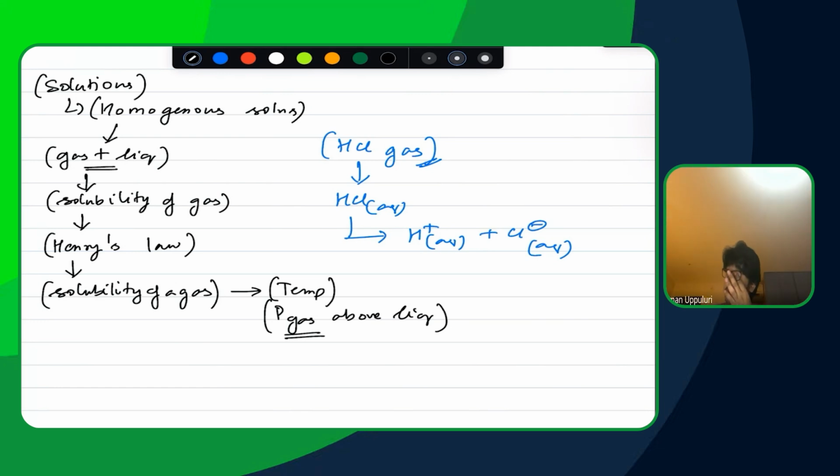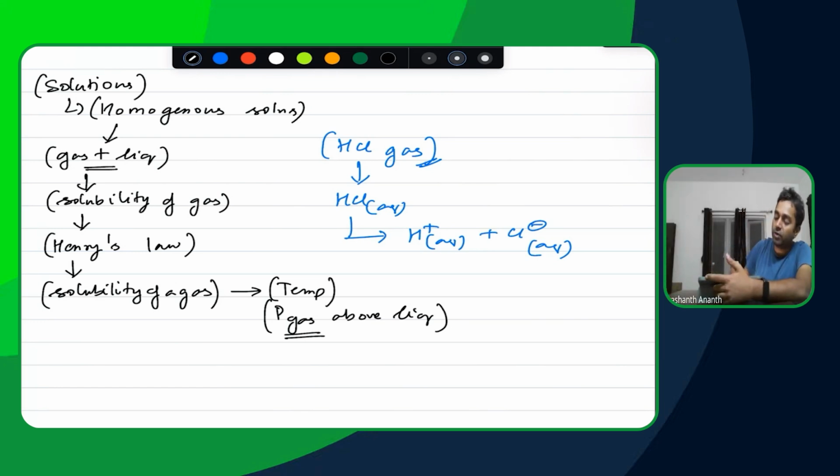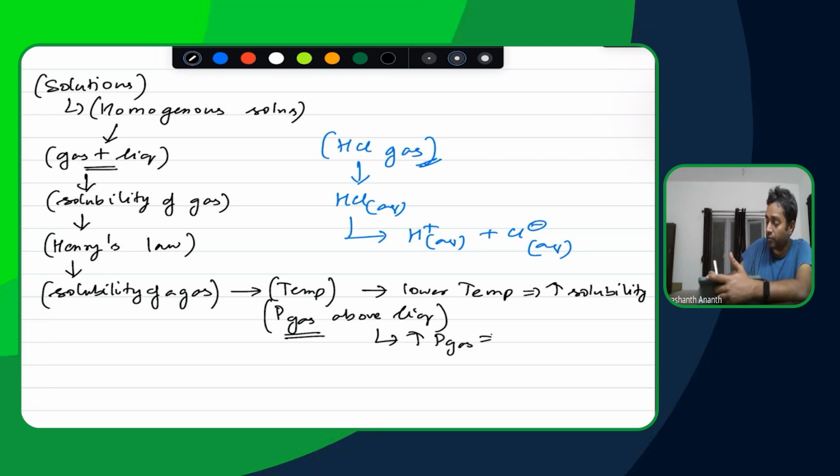So the solubility of a gas is like this: lower temperature, higher solubility; and higher partial pressure of gas above the liquid implies higher solubility. You learn this mathematically in a separate topic called Henry's law, which I'm not going to go into. We'll look at that when we get to it.